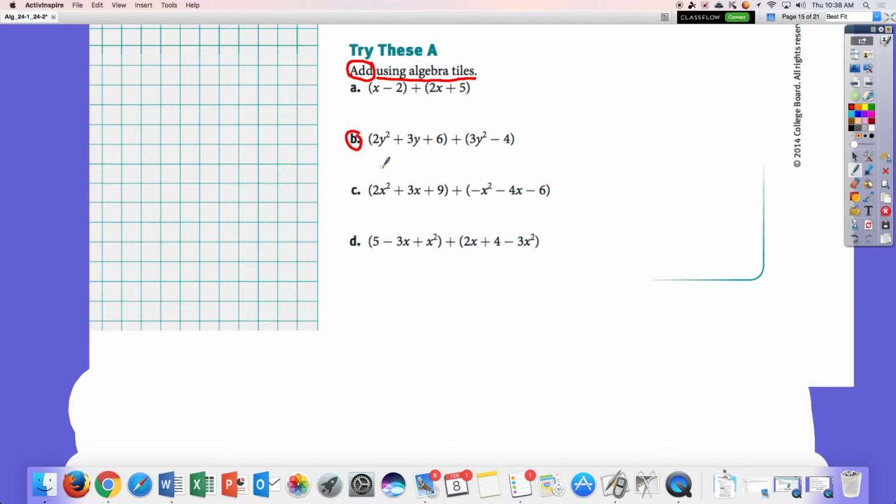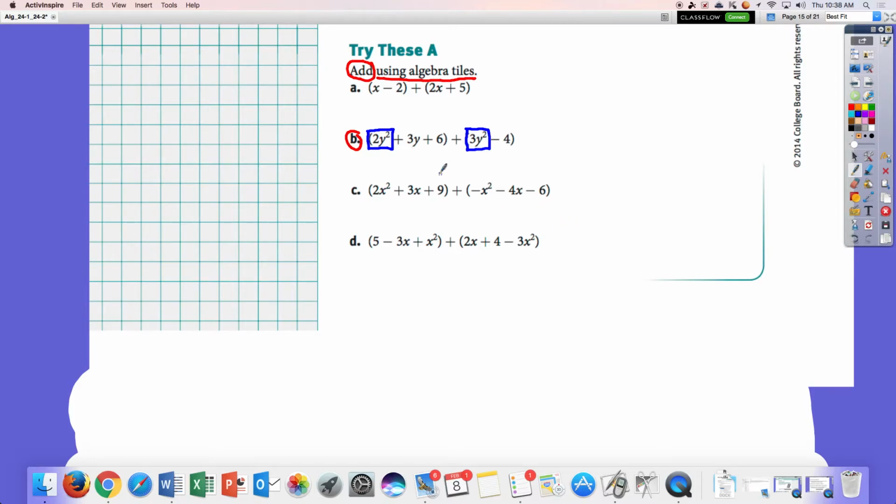So for this problem, I'm going to go ahead and combine like terms first, or I'll identify like terms. So using a blue color here, I'll identify that I have 2 y squared, or I would have 2 blue squares, and I have positive 3 y squared.